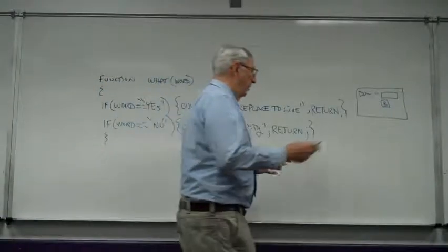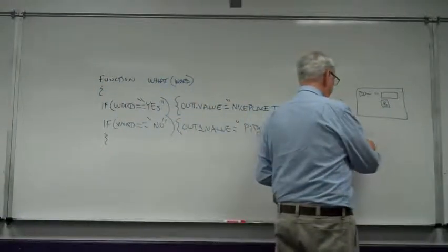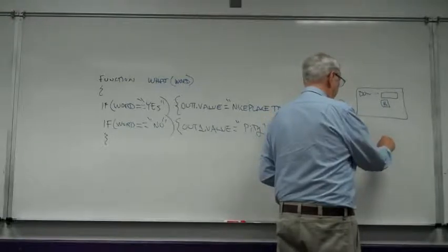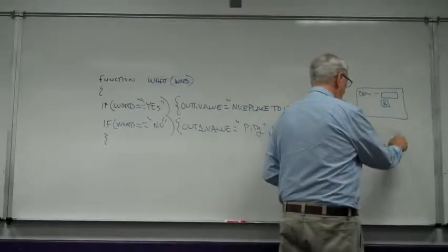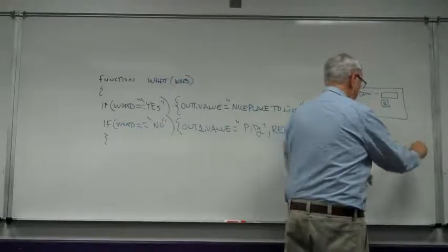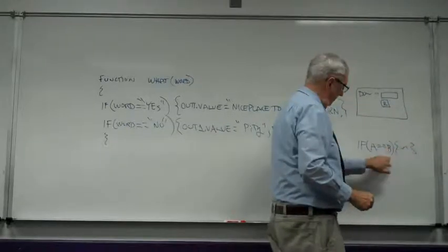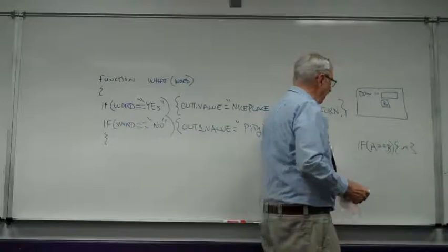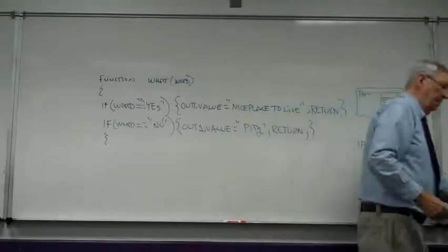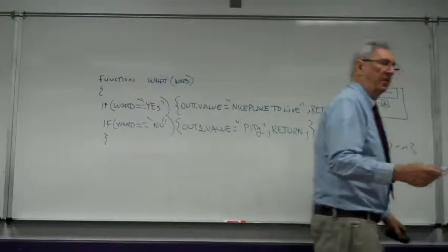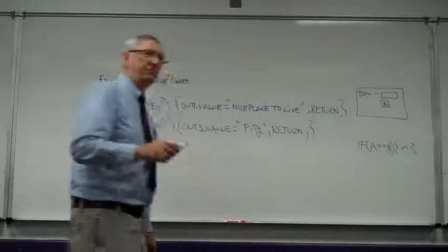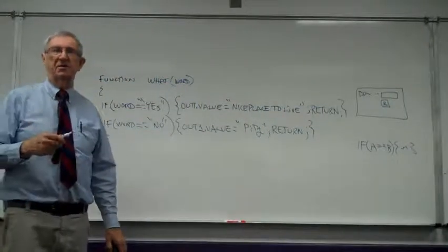So therefore, you know that if two things are equal to each other, A equals B, then you do this over here, whatever it is. If that's true, that's what the if statement looks like. If you have numbers, you can do a lot of other things. You can also have greater than or less than as well as equal to.